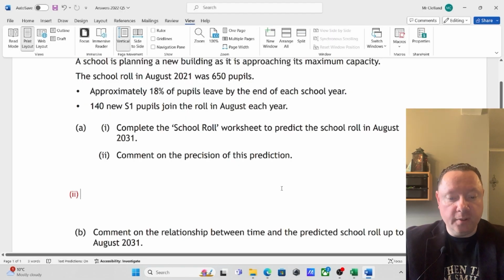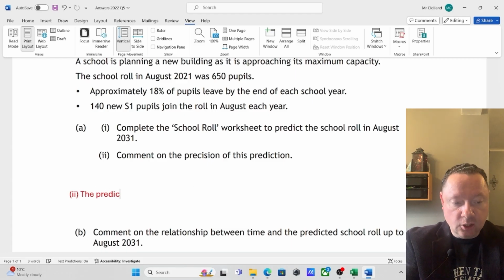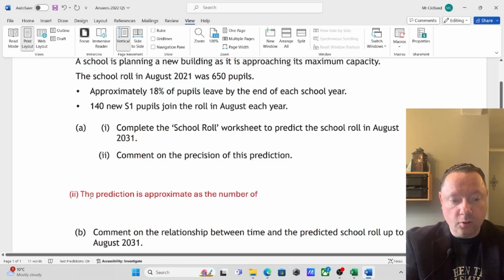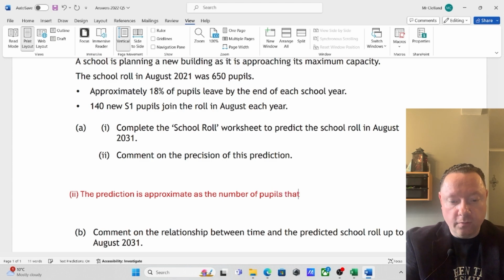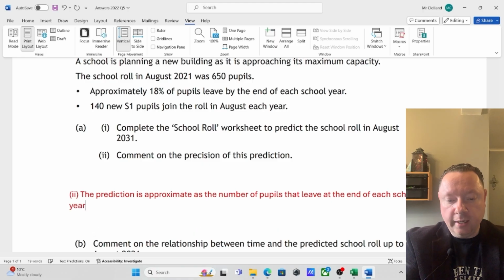Part 2, comment on the precision of this prediction. Well, the number of pupils leaving each year is approximate. So the prediction is approximate as the number of pupils that leave at the end of each school year is approximate.